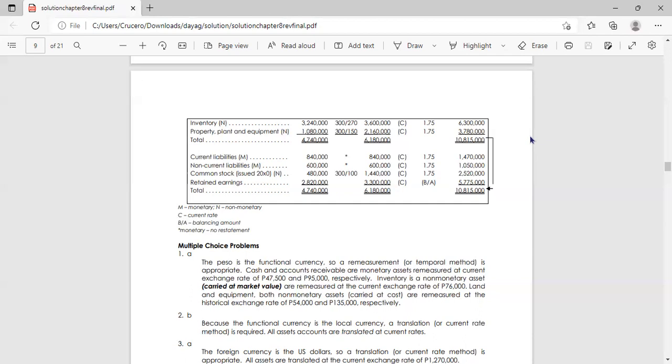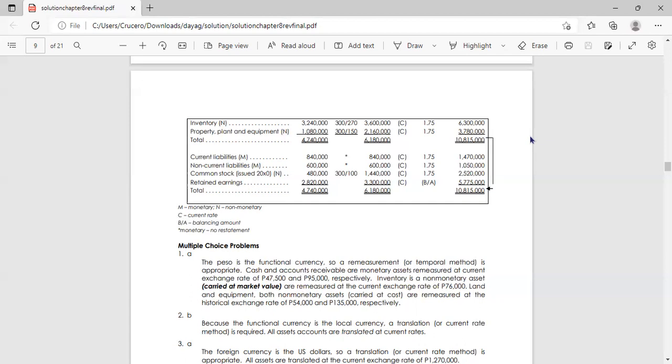We get the restated amounts. If the total assets is 10,815,000, we deduct 1,470, 1,050, and 2,520.